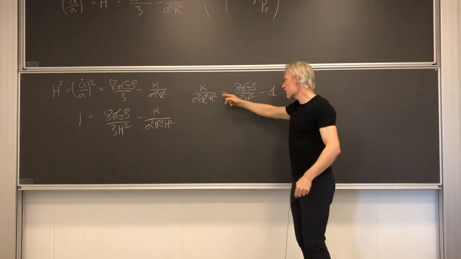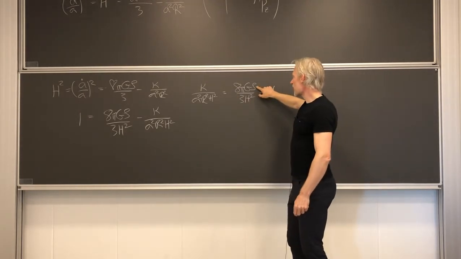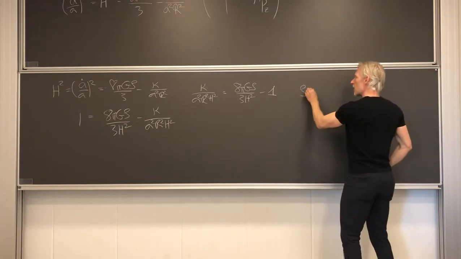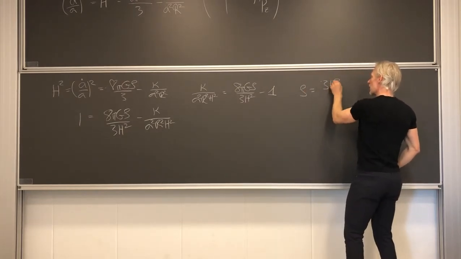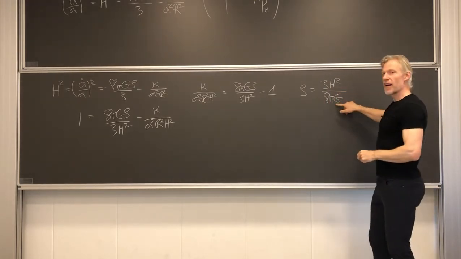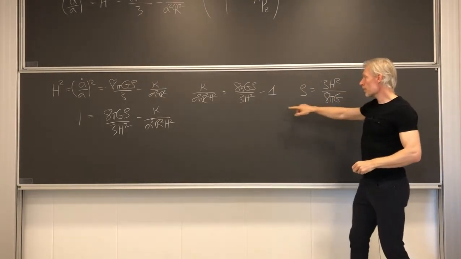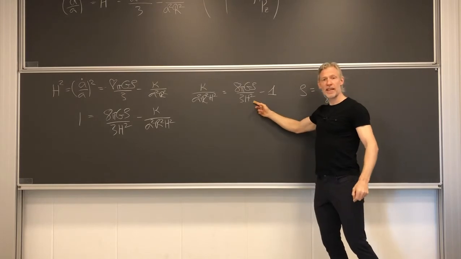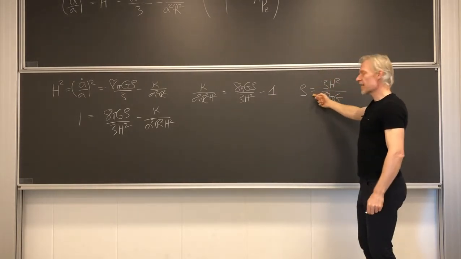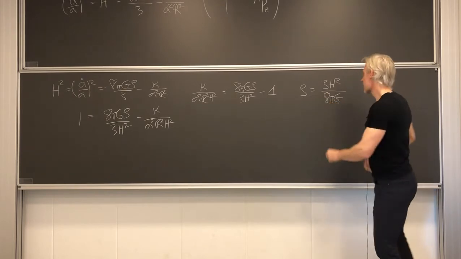So we can see, for example, that if I fine-tune rho such that it is exactly 3H squared divided by 8 pi G, then this term becomes identical to 1, and that means I have a 0 here.